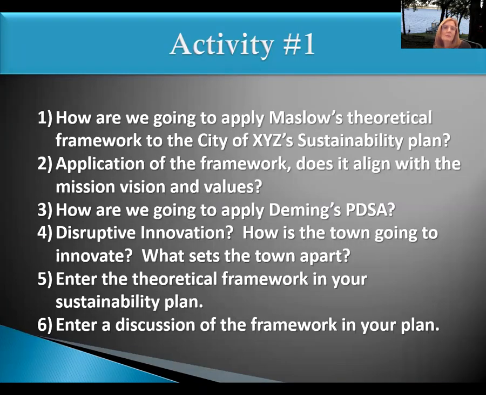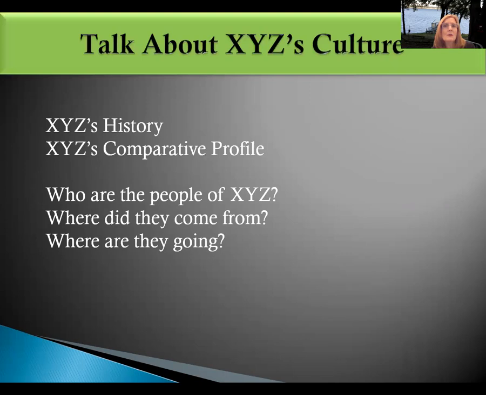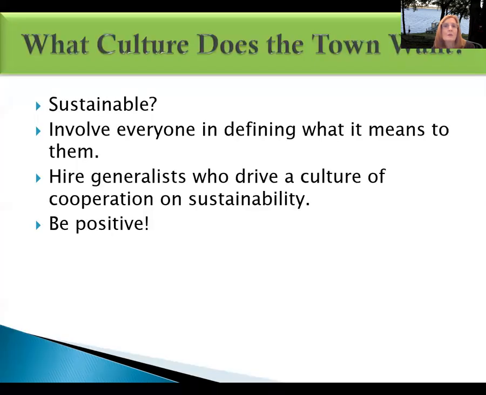So the next thing we normally do if we're in a class setting is we break out in groups and work on these activities. So I'll just keep going. You would want to talk about your culture. You want to talk about what culture do you want?